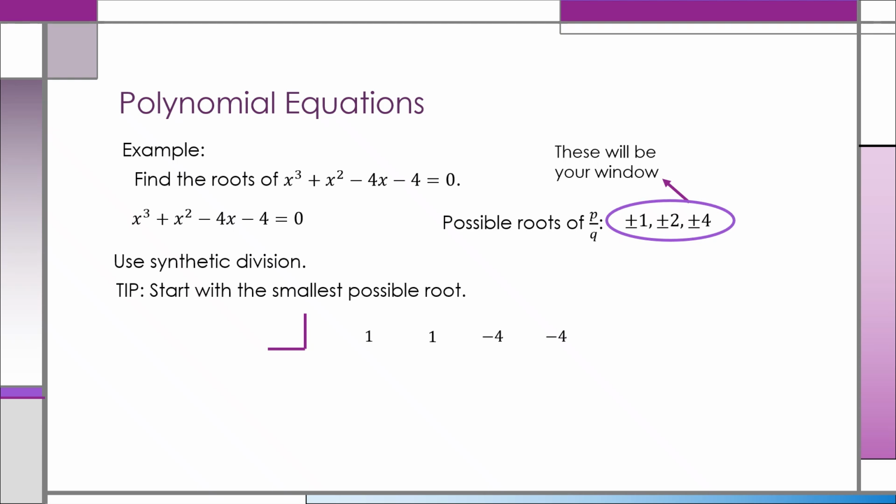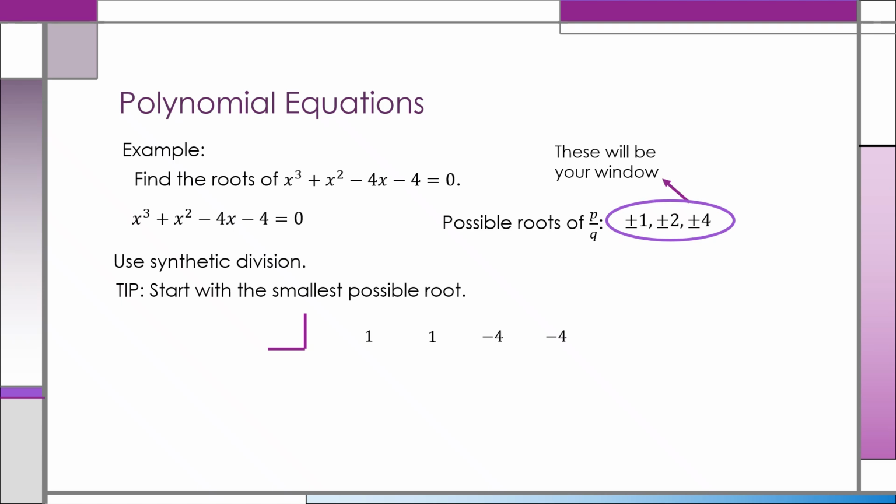There's a tip that you have to start with the smallest possible root. So our goal here is to get the root. That means you have to get the remainder of 0. So if the remainder is 0, therefore, the number on the window, which is your possible root, is your real root.